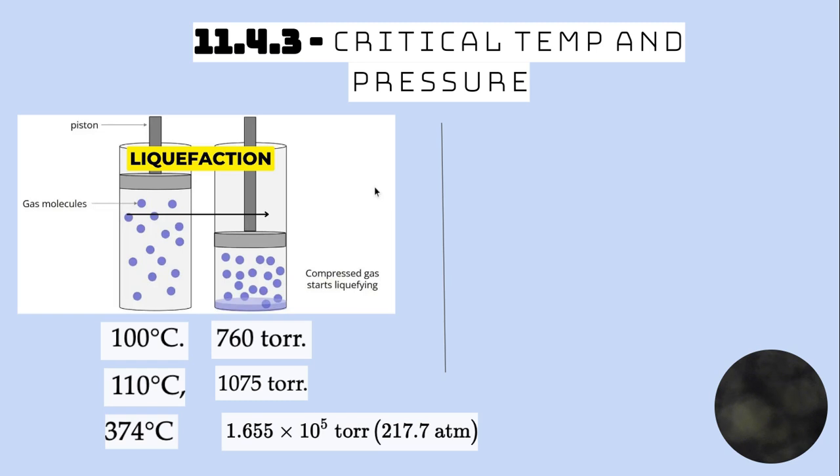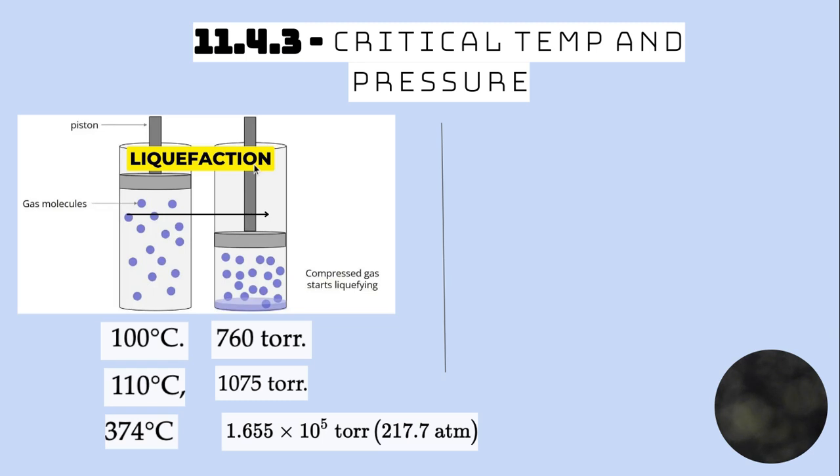In this example, if we have liquid water at 100 degrees Celsius, the amount of pressure we need to start the liquefaction, or how much this piston needs to be compressed, is 760 torr.